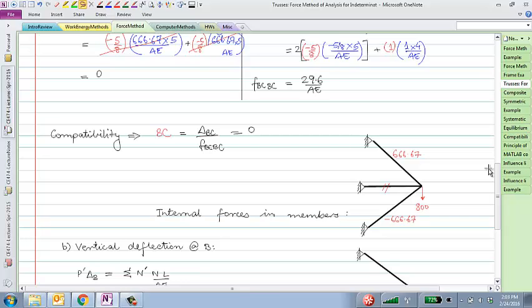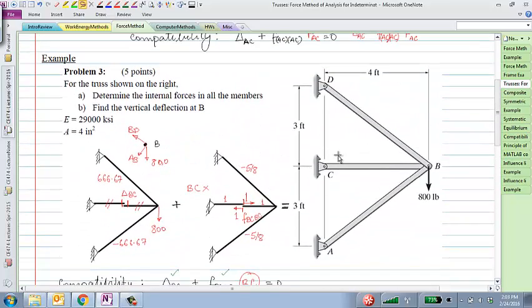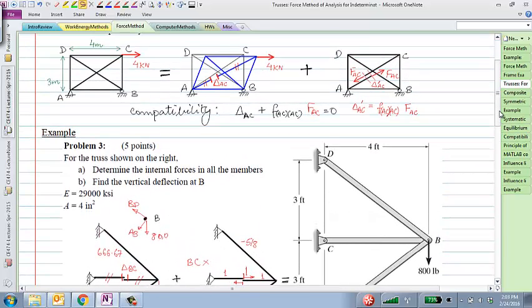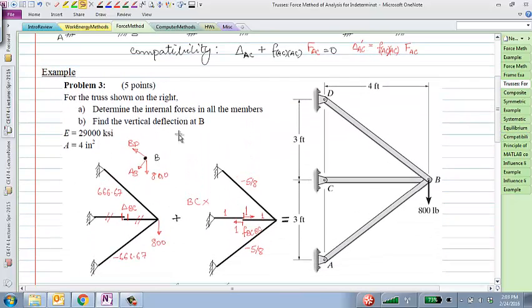Now at that point, most of the problems that you might encounter will stop, like find all the internal forces, and that's it. But we can go a step further. The problem really here asks what is the vertical deflection at B?